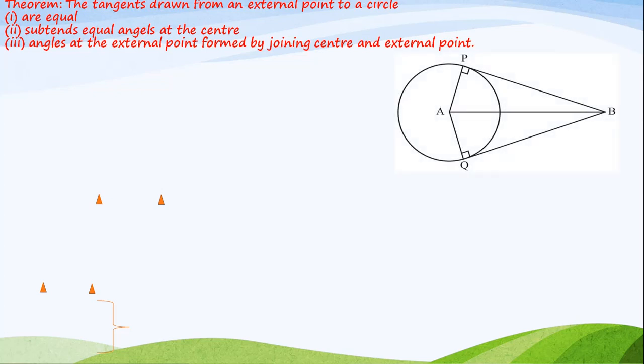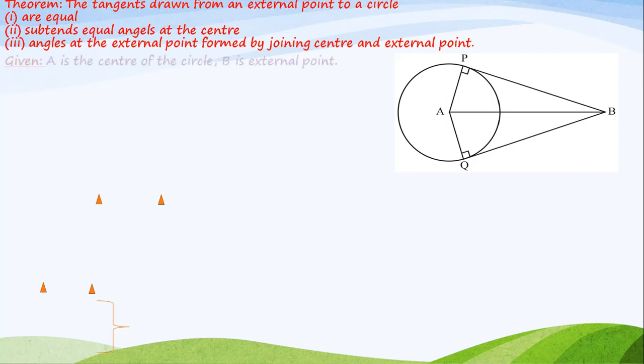First, we draw a circle with center A. B is the external point. BP and BQ are the tangents drawn from the external point. We have to prove these two tangents are equal.